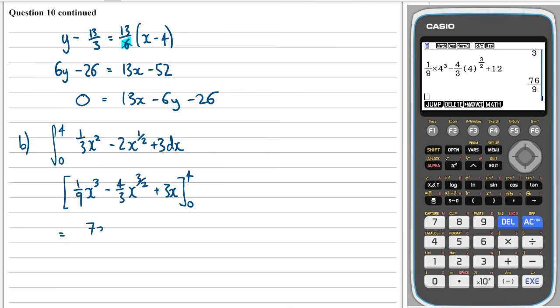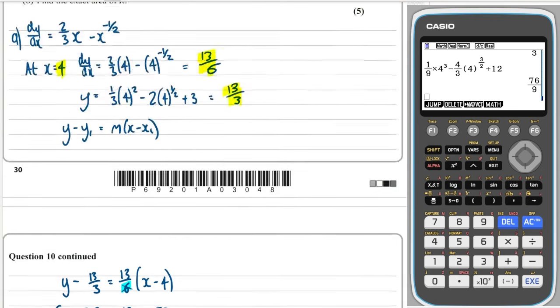Great, so I get 76/9, and then take away 0. Well, when I sub 0 in, they've all got x's there, so that's just going to be 0. Okay, great. So that means the purple region is 76/9. Let's go back to our diagram.